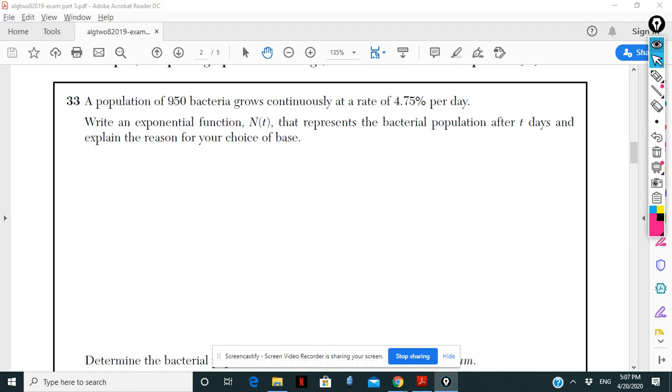Now, question number 33 is saying a population of 950, so that's the initial amount, grows continuously, meaning I have e, by a rate of 4.75%, so in fraction form, 0.0475 a day.